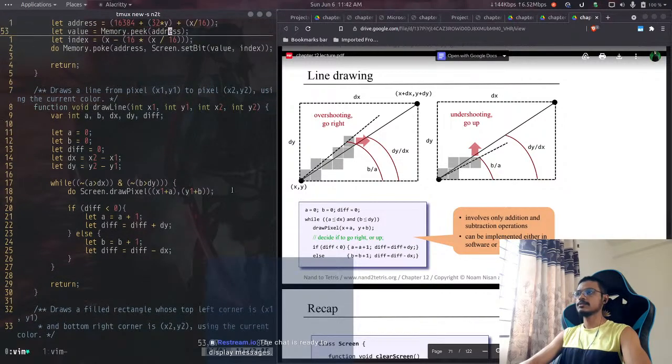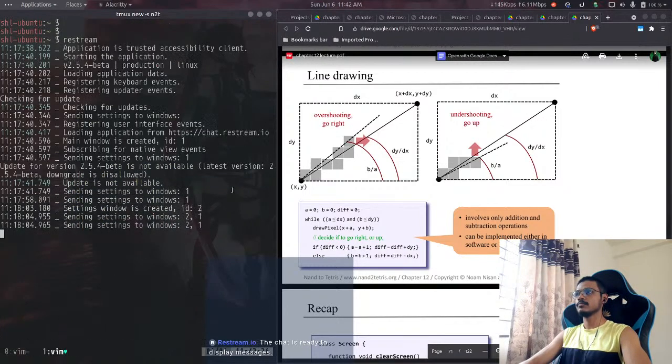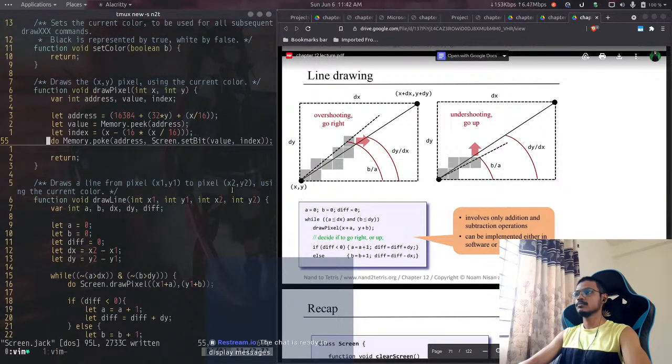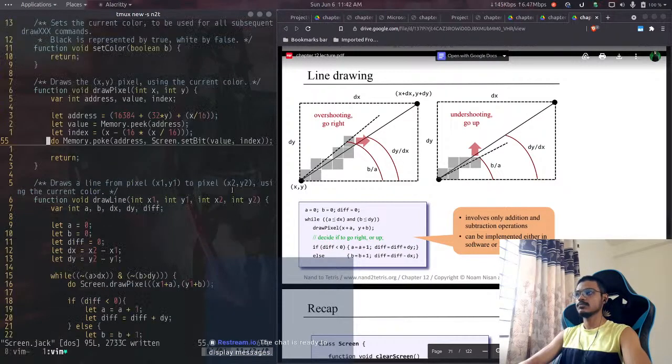So let's try to... wait, why is this? I hate when this happens. Swap window dash s0 dash d1. Good.